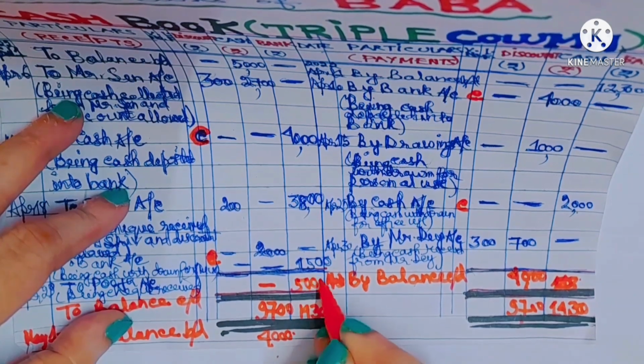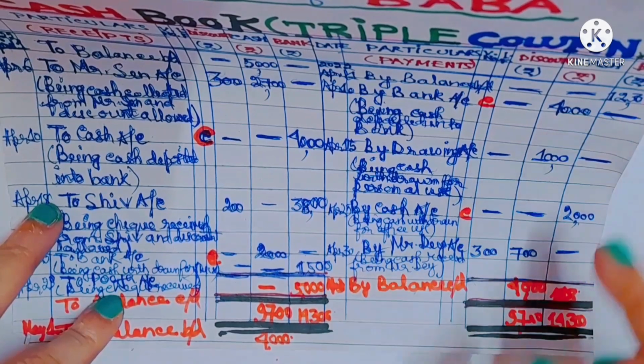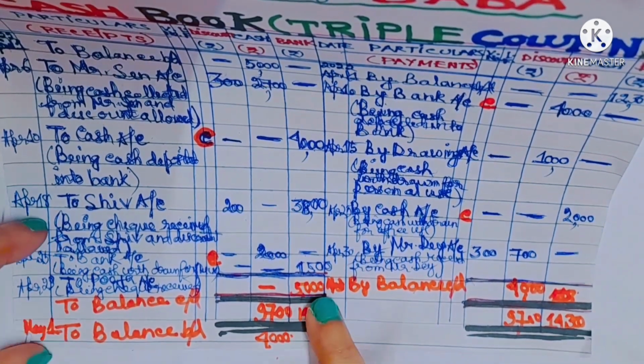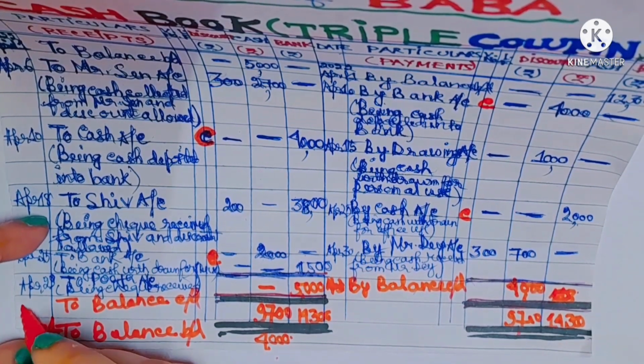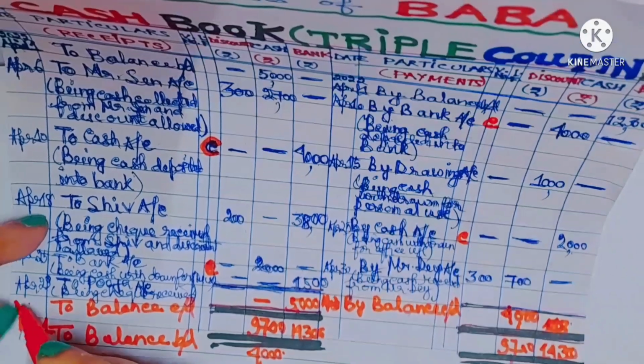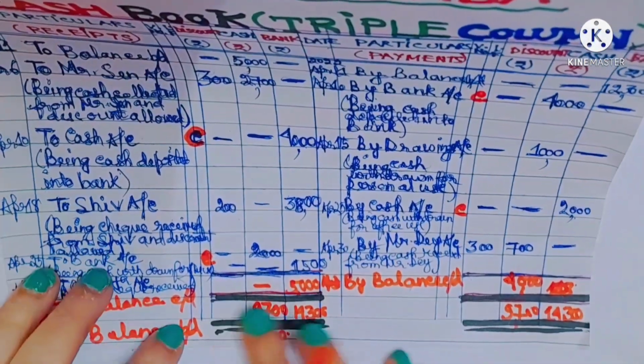This is a bank overdraft, because the credit side total of the bank column is greater. The date will be the last day of April, April 30. To balance CD is the closing cash at bank for the month of April.